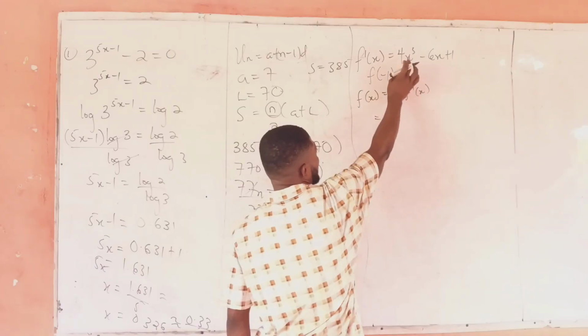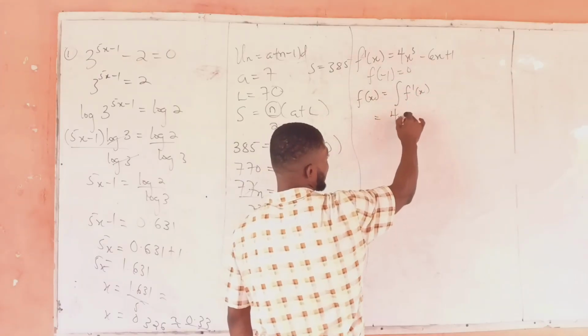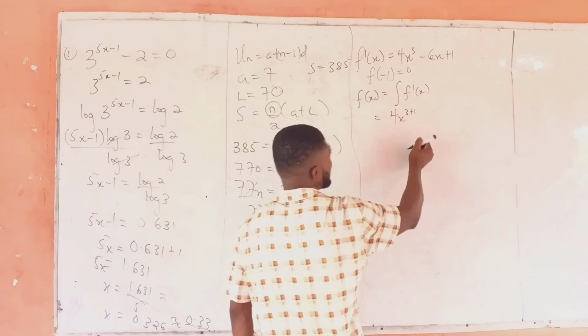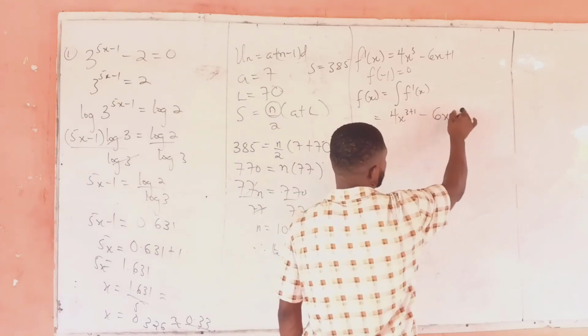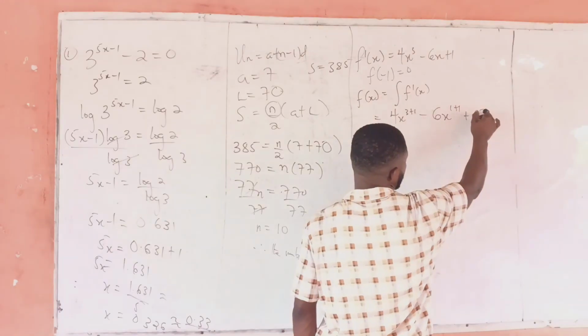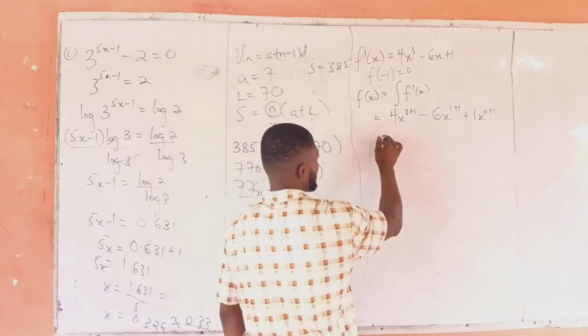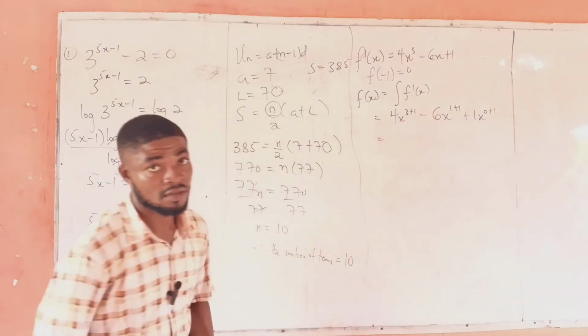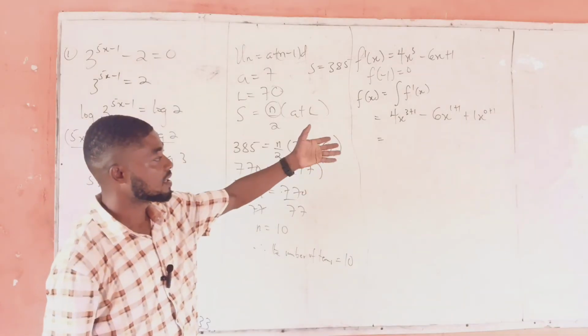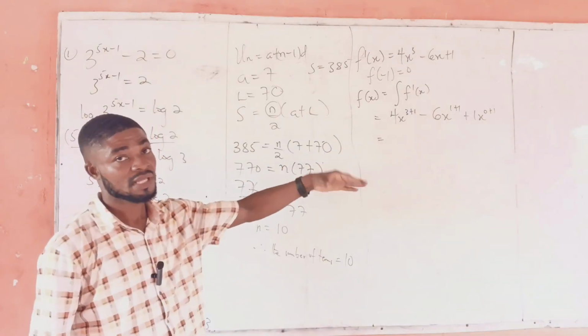Now, I integrate this, which is 4x power 3 plus 1, minus 6x power 1 plus 1, plus 1x power 0 plus 1. Now we are going to introduce a constant term. That will be in the next step.